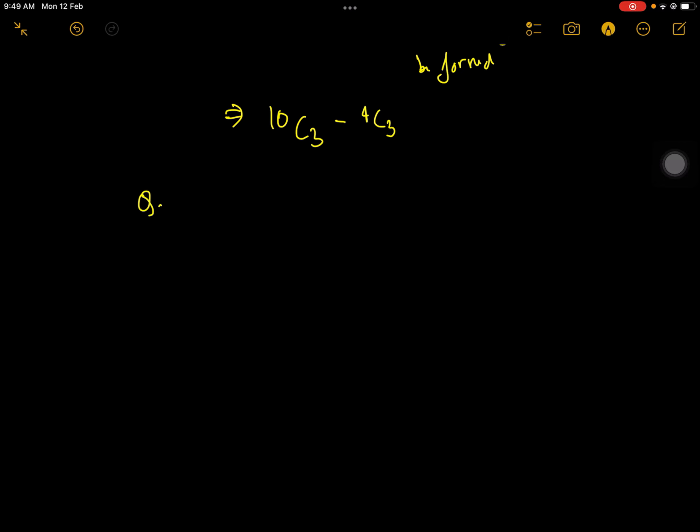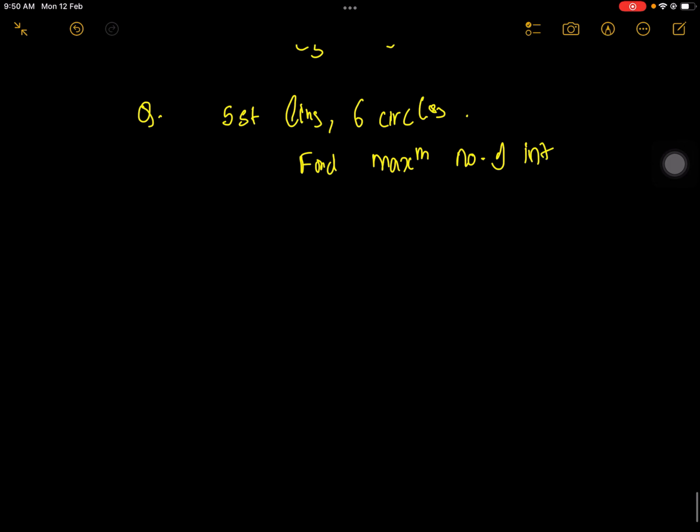Next question is, if we have 5 straight lines and 6 circles, find the maximum number of intersections. First of all, for straight lines, the maximum intersection between two lines is 1. With one straight line and 1 circle, the maximum is 2. With 2 circles, the maximum intersection is 2. So let's take the cases.